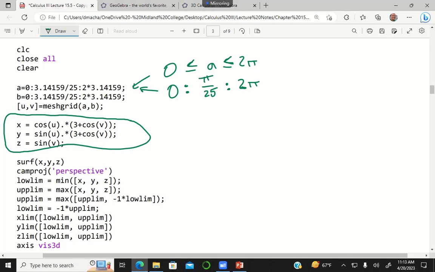So that command in MATLAB is surf xyz. The rest of it is just making the graph look nicer, because I don't like the way that it appears by default in MATLAB, and so I always include these lines of code just to make it look really nice. Okay, but let's plot this, and we'll see what this parametric surface looks like in MATLAB.